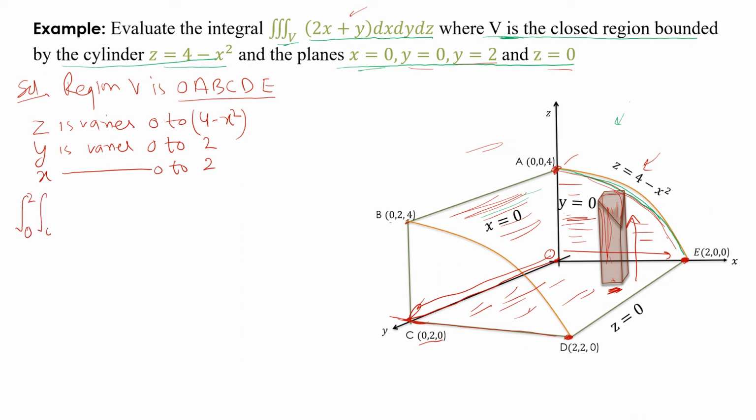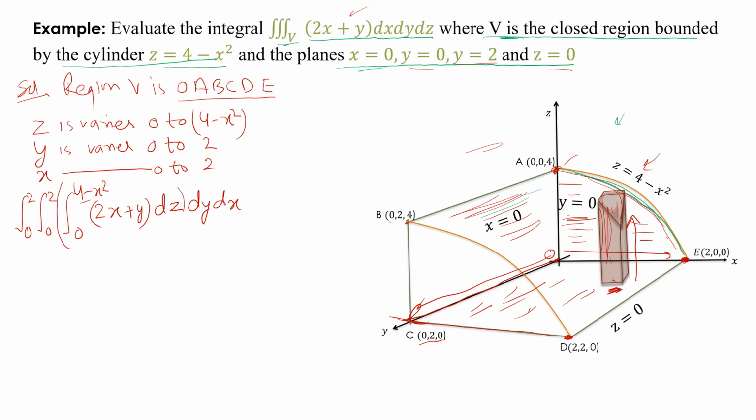So the limits of integration are 0 to 2, and 0 to 4 minus x square, for 2x plus y. First we take the integration with respect to z, then with respect to y, and then x. Here first we take z because the limit of integration of z is a function of x.